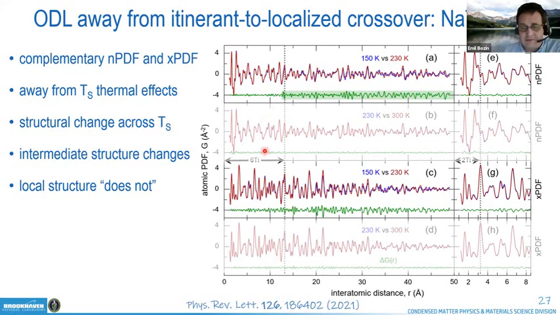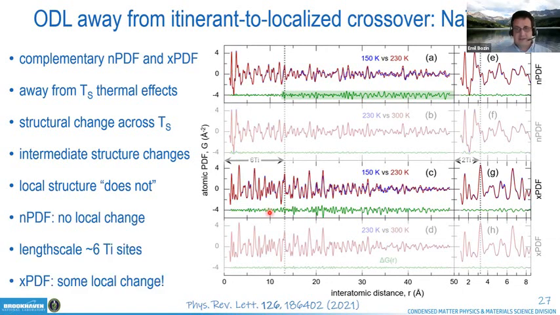If you take a careful look, you see that the change in the neutron spectrum over the length scale of 6 titanium sites, which I mark here, is of the order of the thermal change seen in the previous comparison, whereas the X-ray data portray a slightly different picture, that there is actually some local change taking place as well.